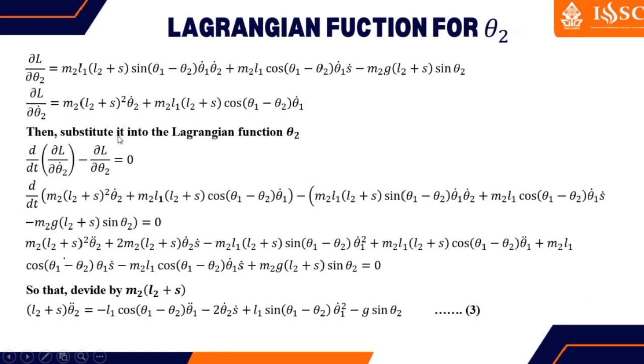Then substitute into the Lagrangian function for theta 2. Taking the time derivative of L with respect to theta 2 dot gives an equation involving theta 2 double dot. Then divide by M2 times L2 plus S to obtain the third equation.